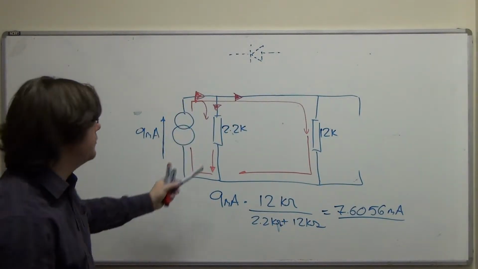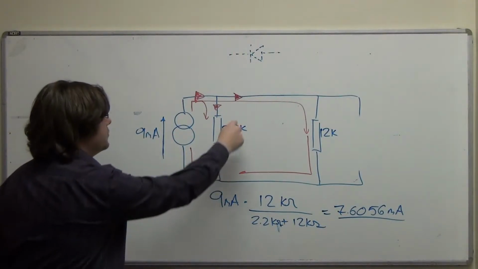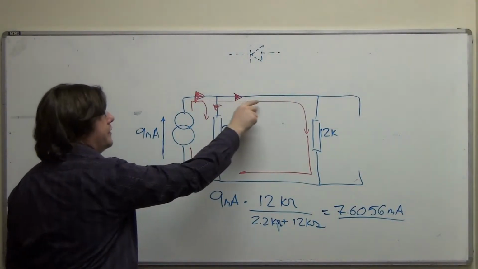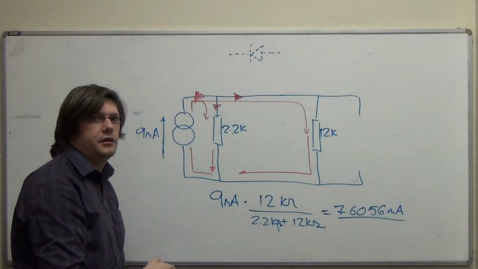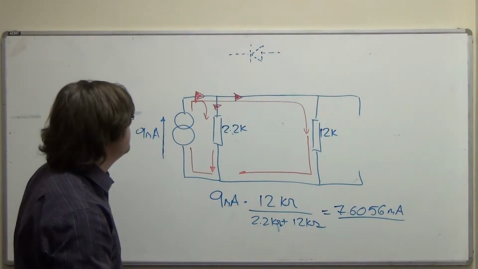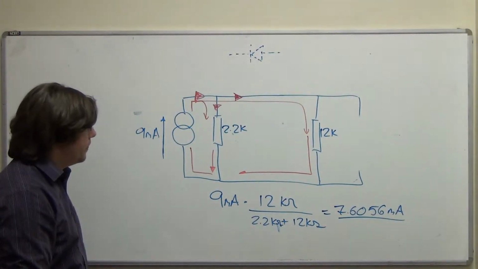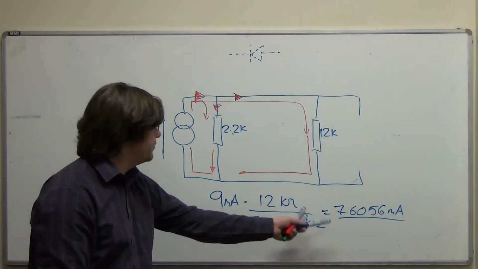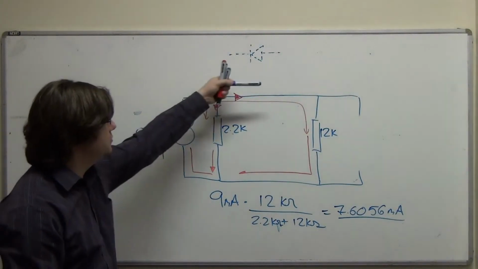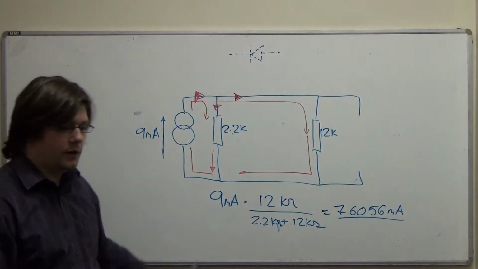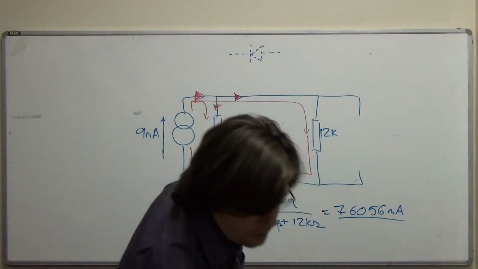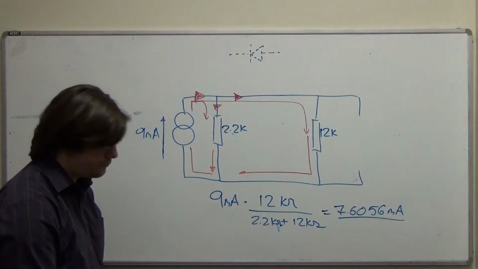Don't care about that current, not interested. The current I'm interested in is the current in the diode, which is now replaced by this short circuit, which formerly was a battery, which represented our switched on diode. So I've got 9 and I've got 7 down here, so everything else must be going that way, so I can just subtract this value from this value, and I ought to end up with what my diode current is.